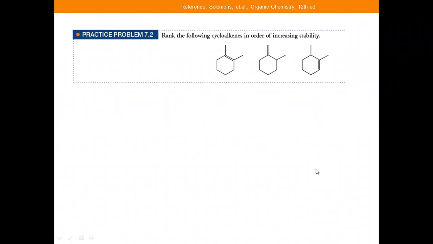Is it mono, di, tri, or tetra substituted alkene? When you say mono, there's only one alkyl group attached to your alkene, right? Di, if there are two alkyl groups.